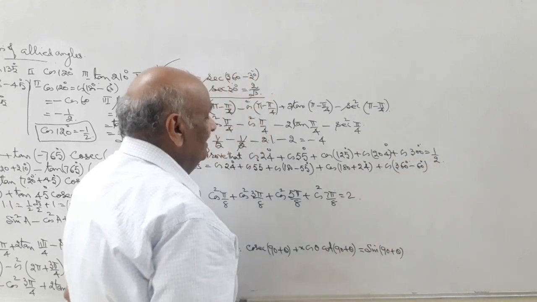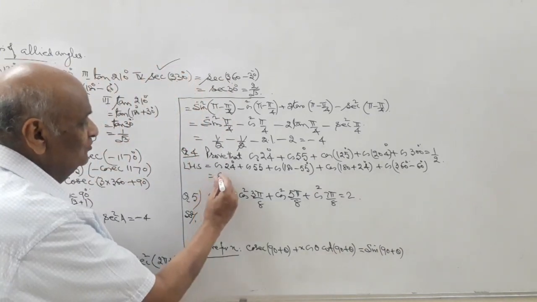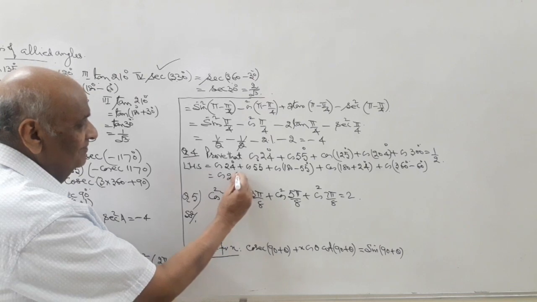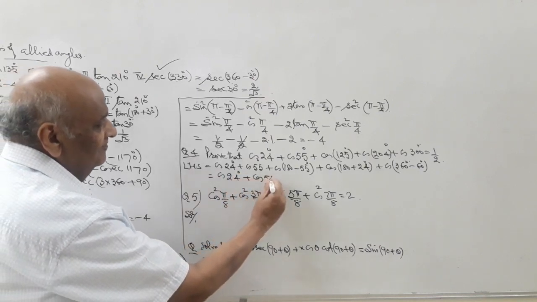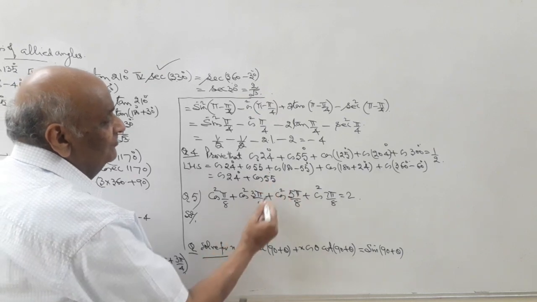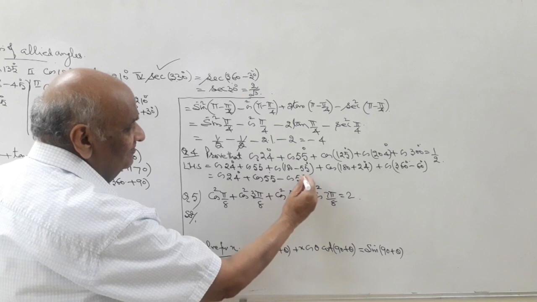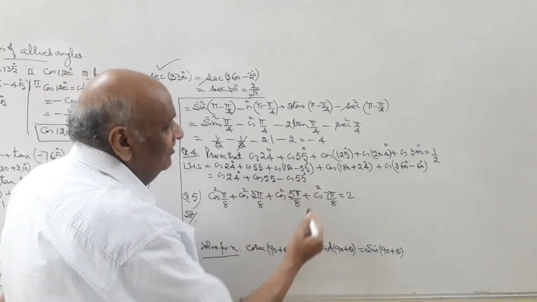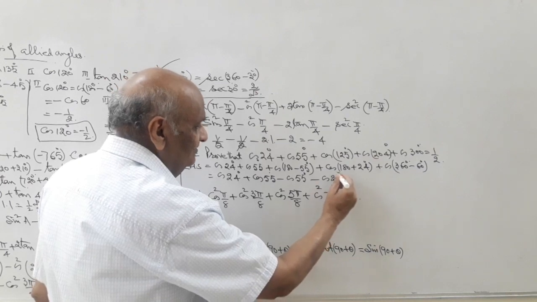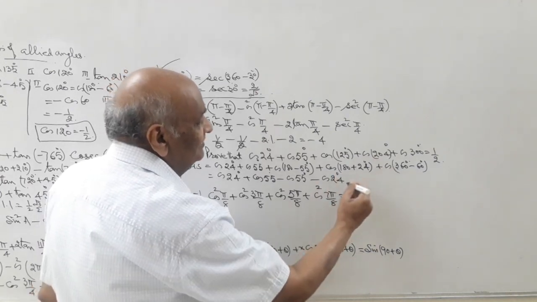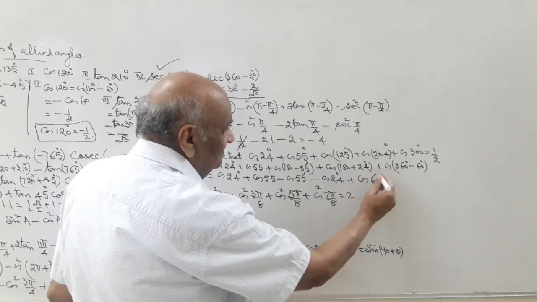Check out the left hand side. It is cos 24 degrees plus cos 55 degrees, cos 180 minus theta gives minus cos 55 degrees, again cos 180 plus theta gives minus cos 24 degrees, then cos 360 minus theta, fourth quadrant, cos 60 degrees.